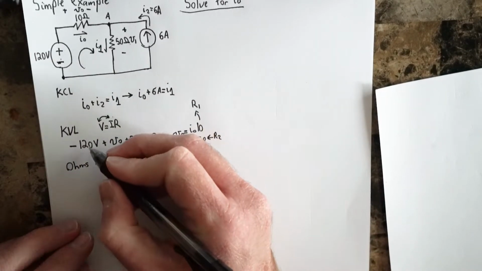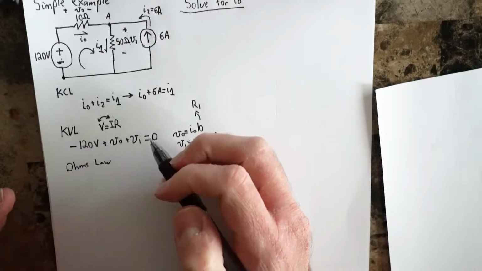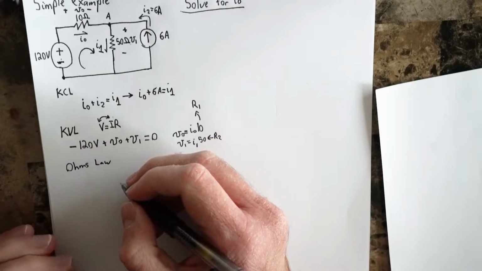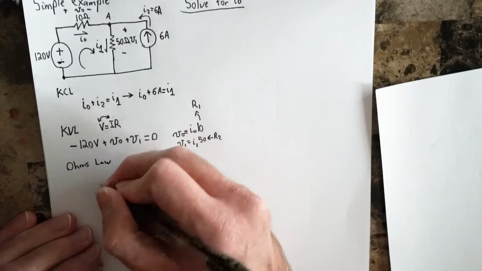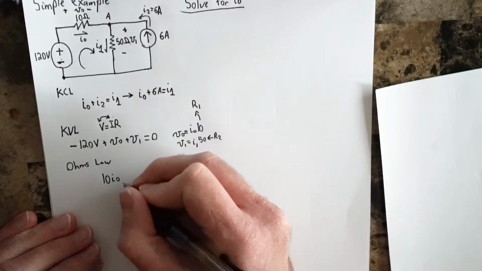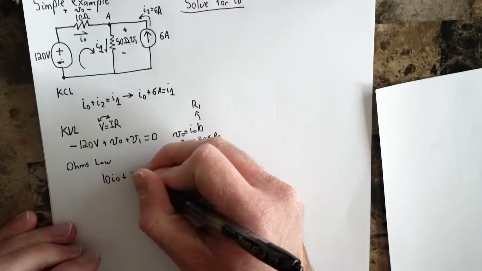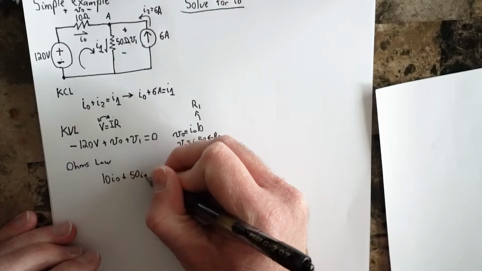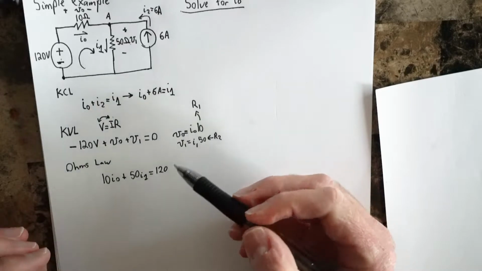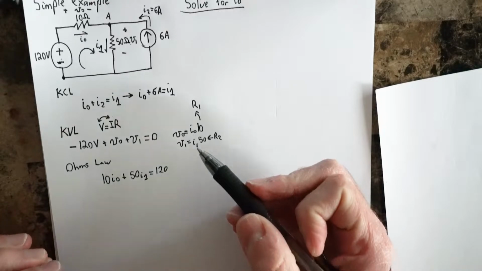I'm going to go ahead and move the 120 to the other side just to make things a little bit easier. So we have 10 I0 plus 50 I1 is equal to 120. Okay, check this out. Now we've got two equations, two unknowns, which means that we can solve for this.